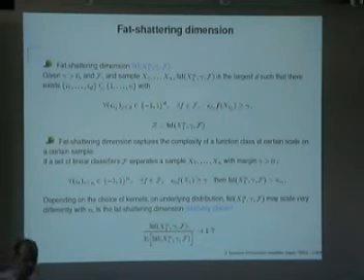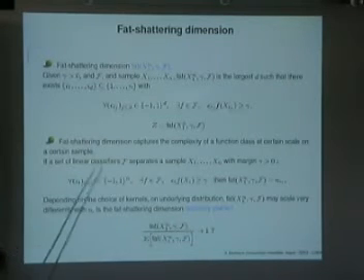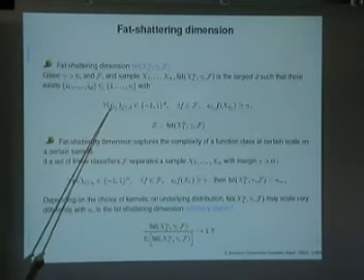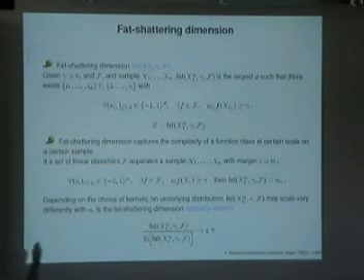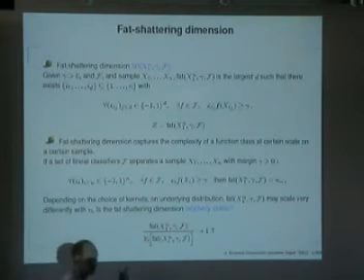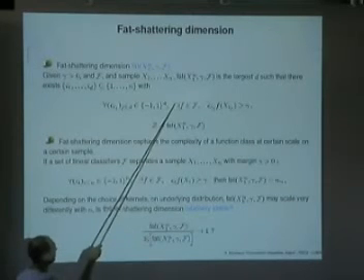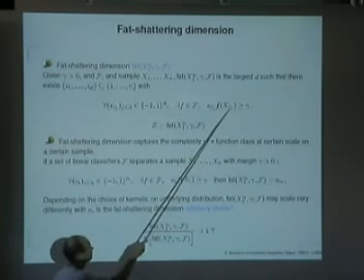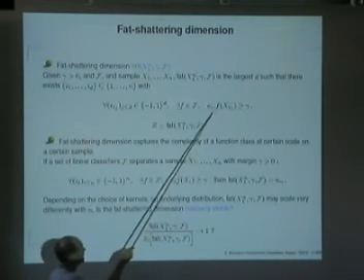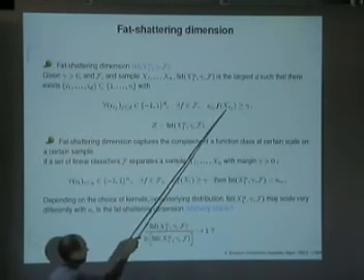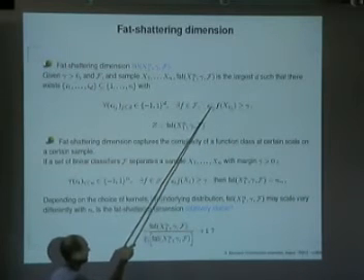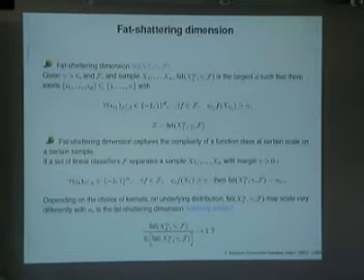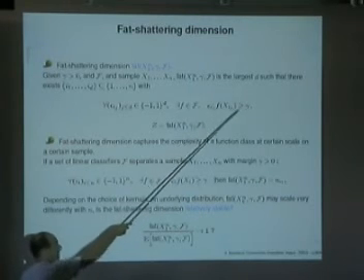So being gamma shattered, what does it mean? It means that whatever the sequence of signs I choose, think of the epsilon i as +1 or -1, I can find a function f in my favorite class such that f(x_ij) has the same sign as epsilon ij, and moreover, the product is larger than gamma. So the absolute value of f here is at least gamma.